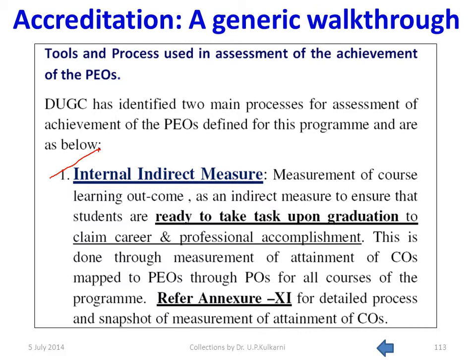This is done through measurement of attainment of COs mapped to POs for all the courses of the program. You can give an annexure for the detailed process and a snapshot of the measurement of attainment of COs. This will always strengthen your claim for accreditation.